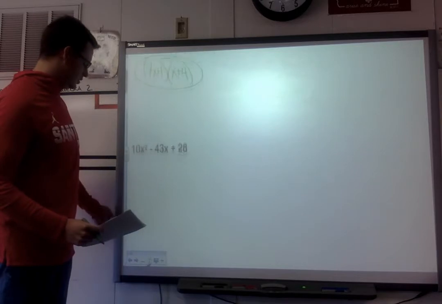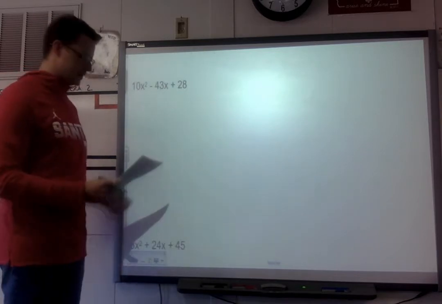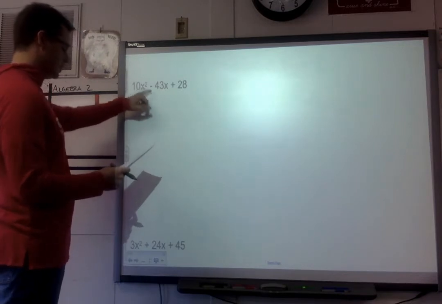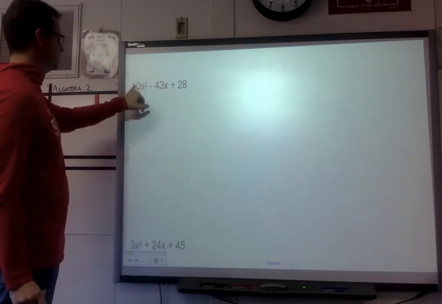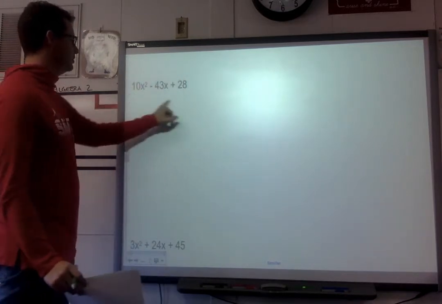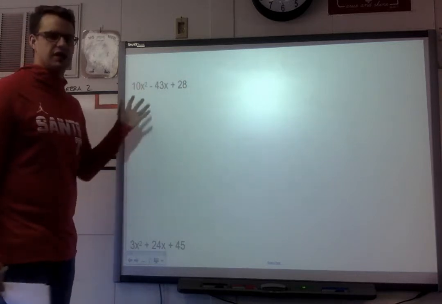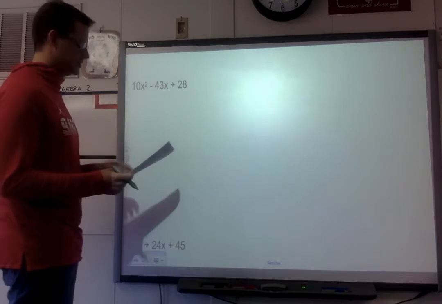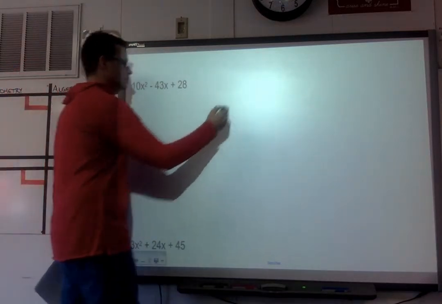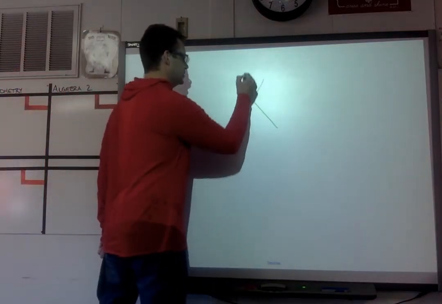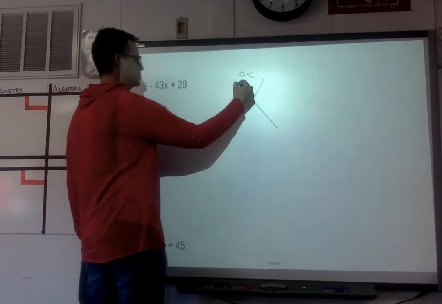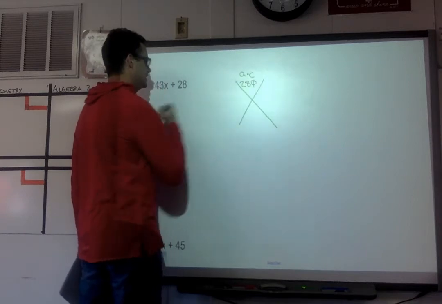So then the next one I'll go ahead and do using the x method. So for this one, again, same thing. We always want to start with, is there any common factor that we can factor out of this before we get started? In this case, there is not. So using our x method, in the top, we have a times c, which is going to be 280.